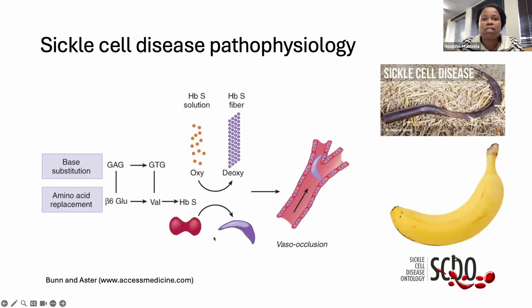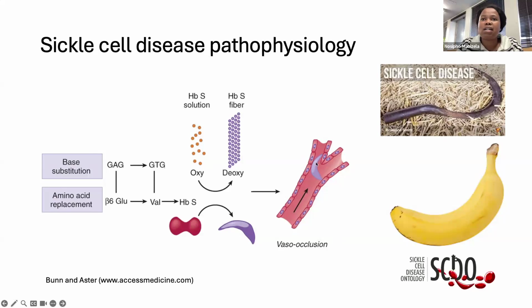Most people call it sickle cell, but in most parts of Africa the term sickle cell is not well used. Recently the sickle cell disease ontology introduced a new term, banana cell, which makes sense for everyone in Africa, because they will know what you're talking about.